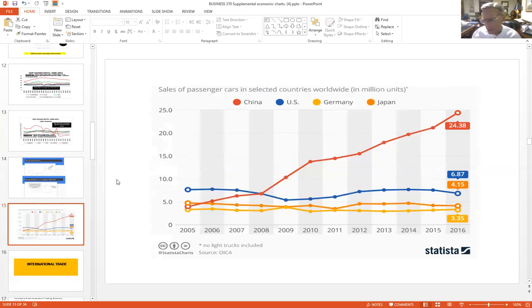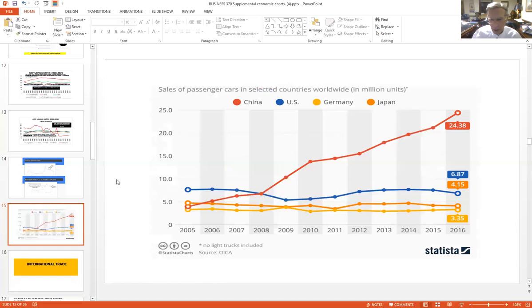Anyway, what was also surprising to me was that these were not the brands of cars that you're used to seeing or hearing about. And in fact, there are about 10 auto manufacturing companies in China that are strictly Chinese companies.